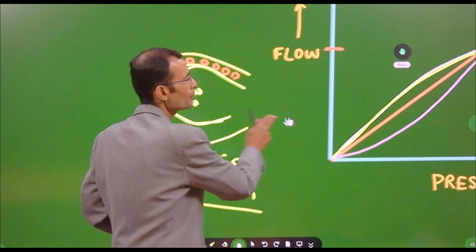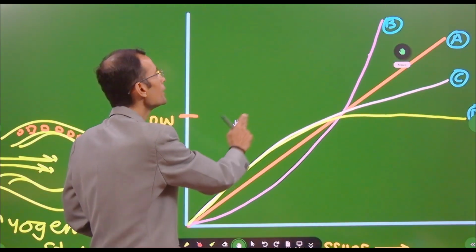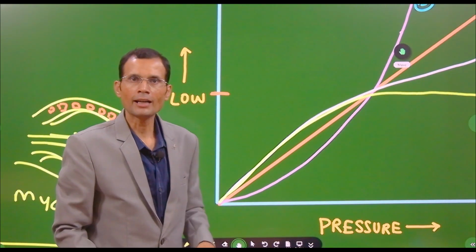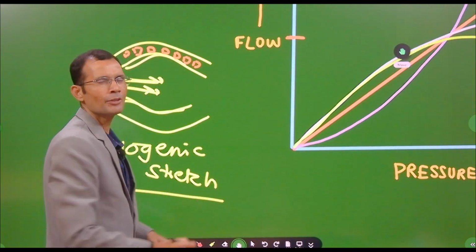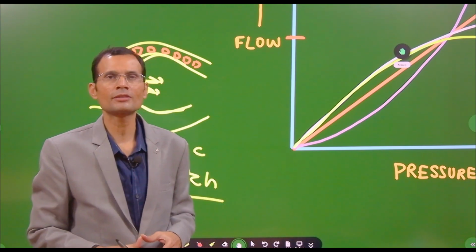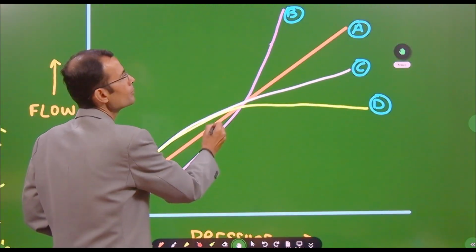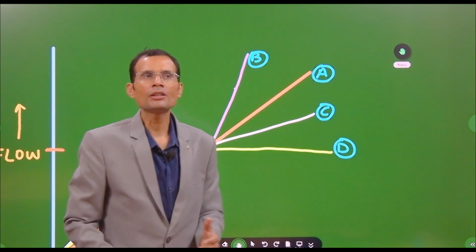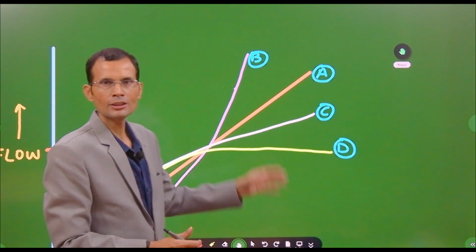Rise in blood flow will be very steep, as shown in the case of B. On the vertical axis, the increase is very sharp. So this could be any vessel, any distensible vessel in the body will show this property. Let's say B can be the aorta, for example, a distensible vessel with smooth muscle in its wall.